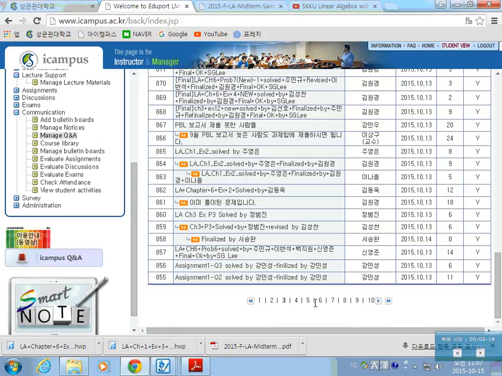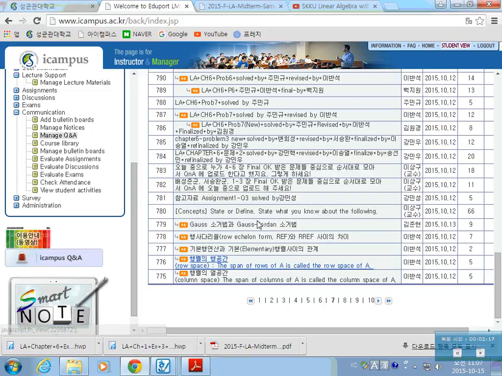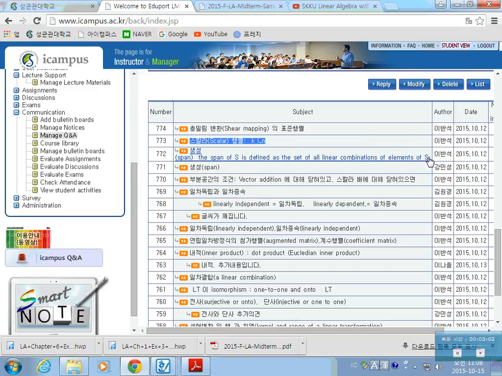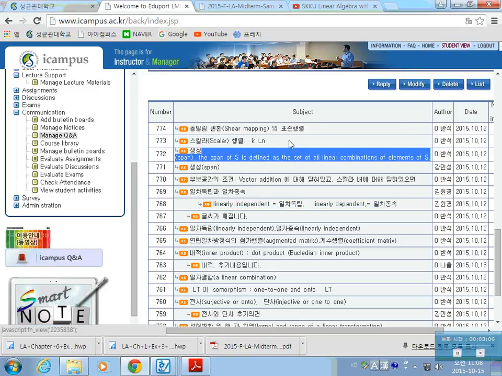You started to go through the concepts that we have covered so far, including Gaussian elimination and Gauss-Jordan elimination, row-reduced echelon form and the relationship between row-reduced echelon form and reduced echelon form, the relationship between the elementary matrix and elementary row operations, the concept of row space and column space, which you may see in the exam, the standard matrix of shear mapping, the definition of scalar matrix, and the definition of the span.